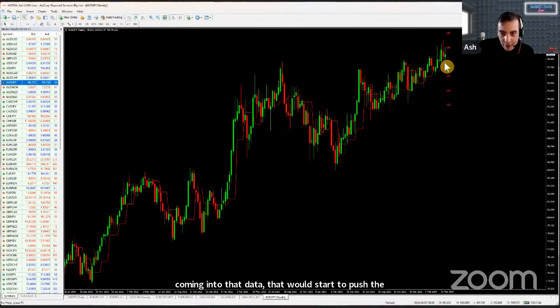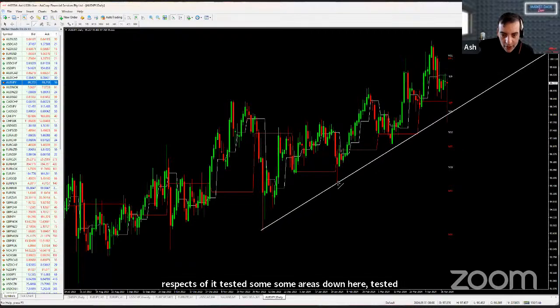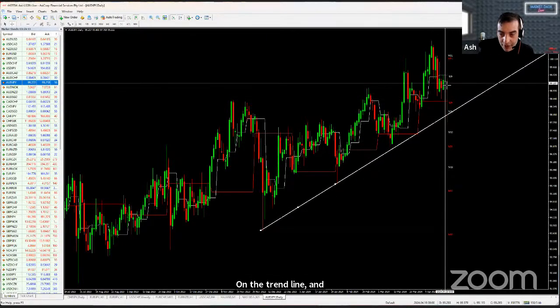You can see last week's bar was quite indecisive, but the previous week was a big sell-off. Last Friday's bar was very bullish in that it tested some areas down here, tested this low on the trend line, and bounced back very convincingly.